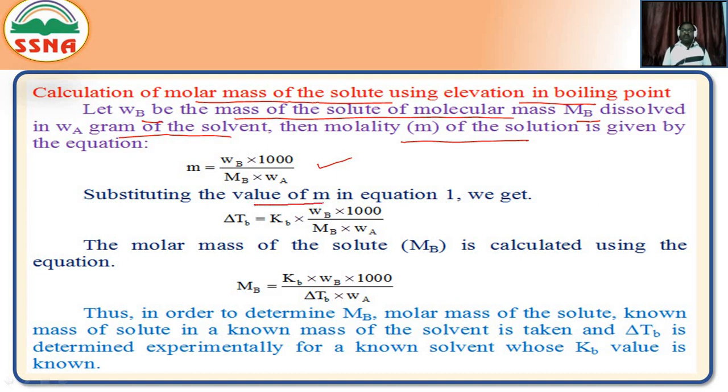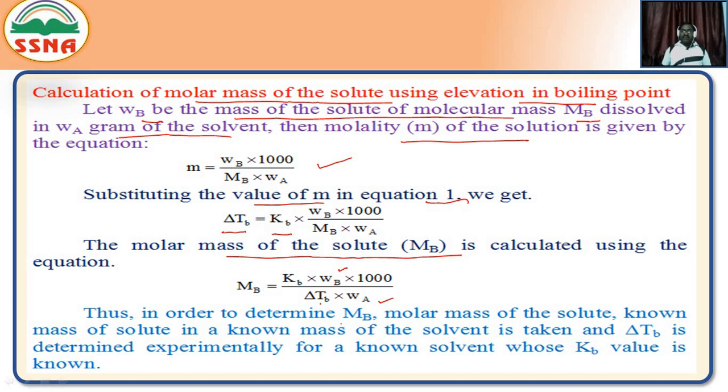Substituting the value of m in equation 1, we get delta Tb is equal to Kb into Wb into 1000 by Mb into Wa. The molar mass of the solute Mb is calculated using the equation Mb is equal to Kb into Wb into 1000 by delta Tb into Wa.